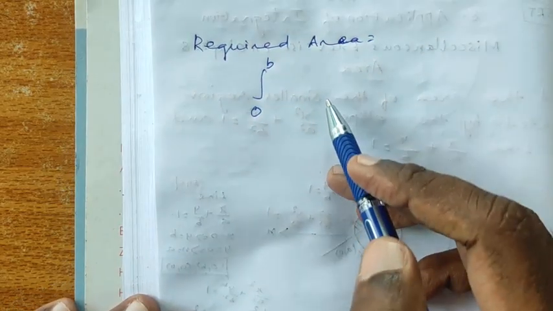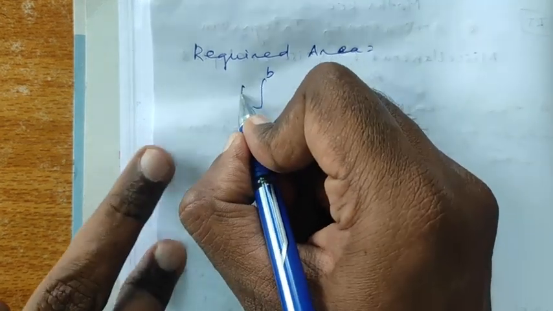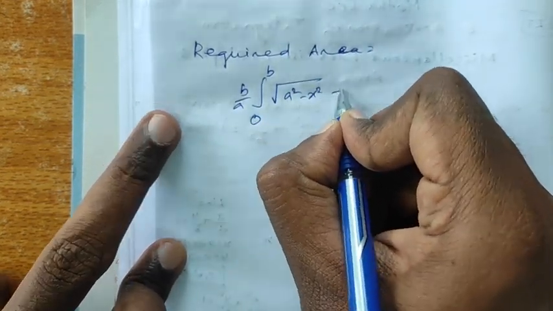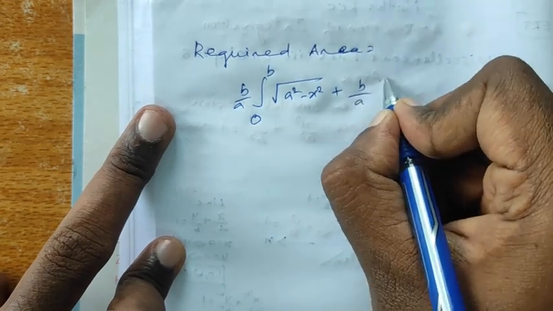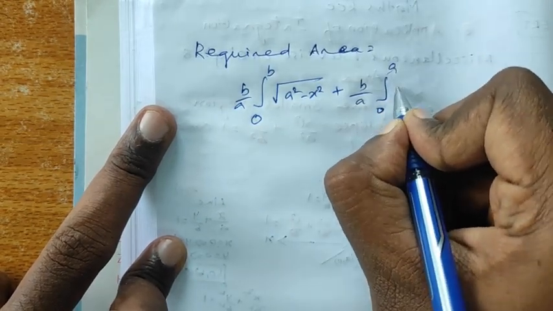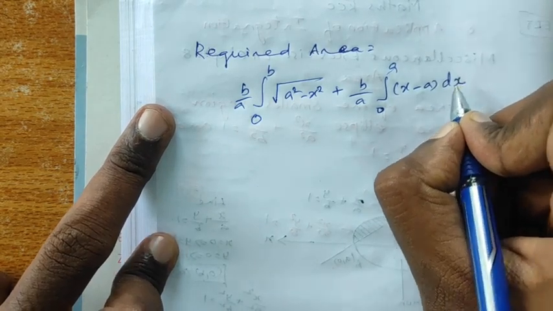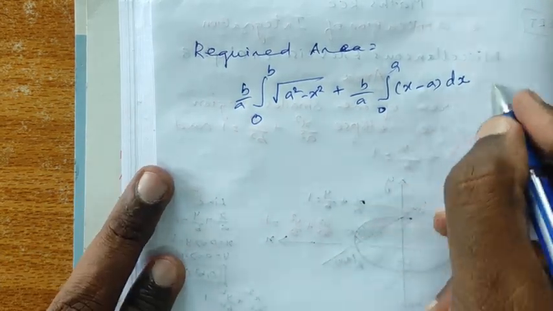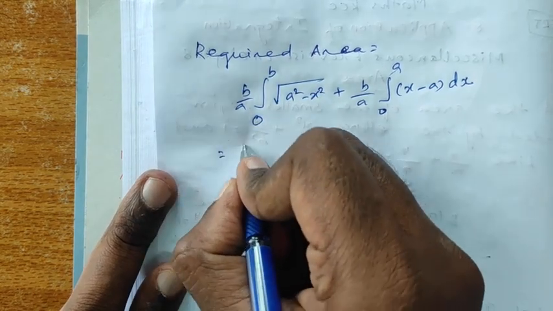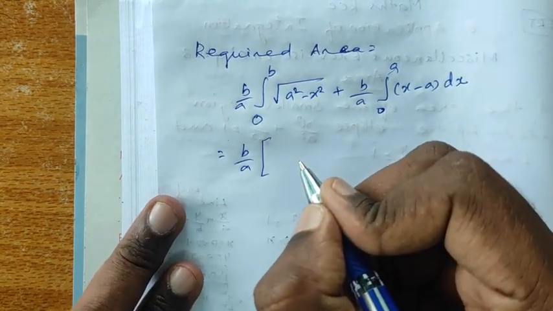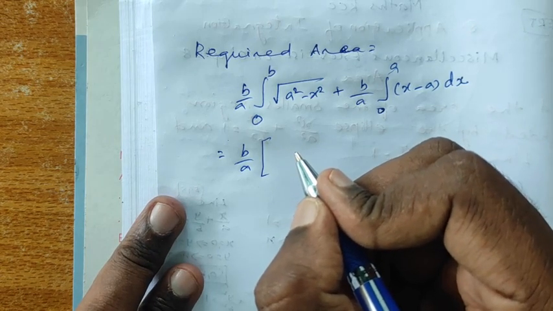And now we can substitute. So b by a into root of a square minus x square minus b by a into x minus a, integrated from 0 to a. It is the equation of the chord we have found already. So write dx. Which is equal to b by a into known formula. We are using this formula mostly in all problems.